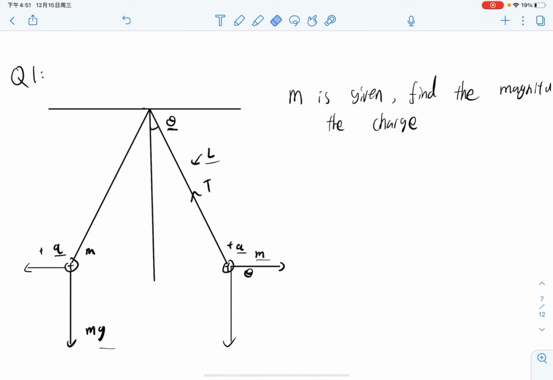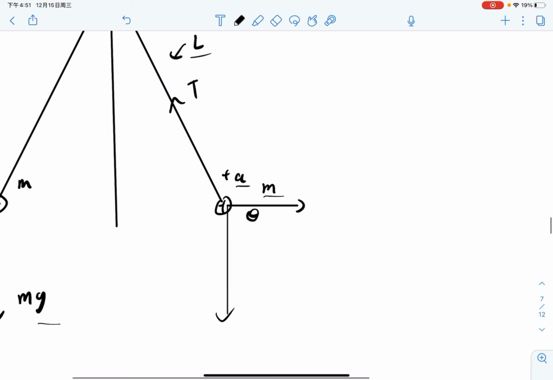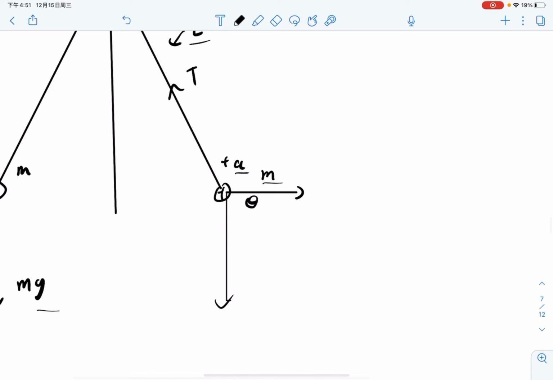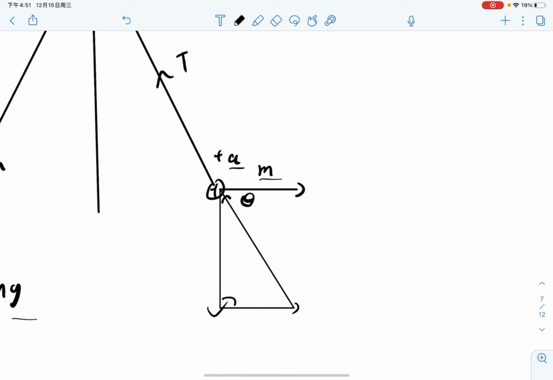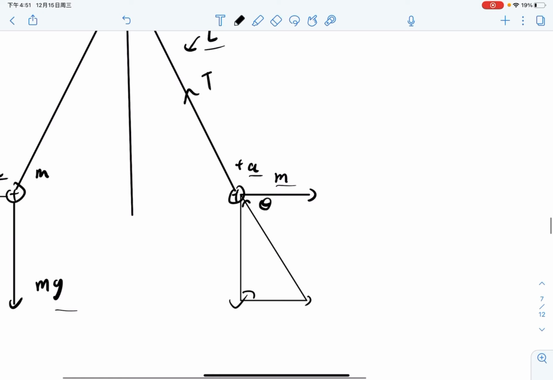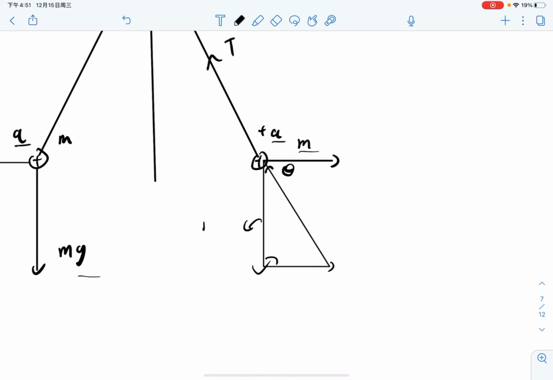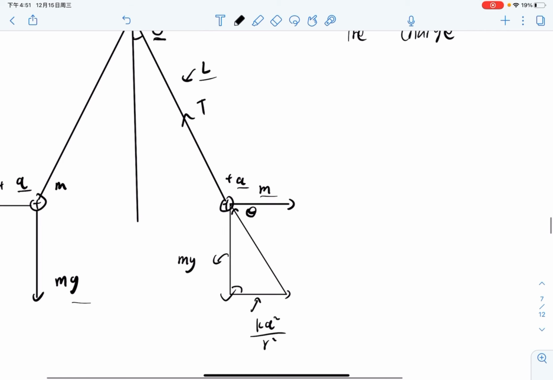To be more convenient, we use the force diagram, because we know that the forces add up to 0. If you draw a vector diagram, you can see this is mg, and this is kq squared divided by r squared, and this is r.